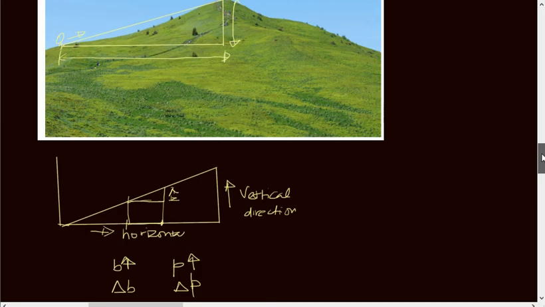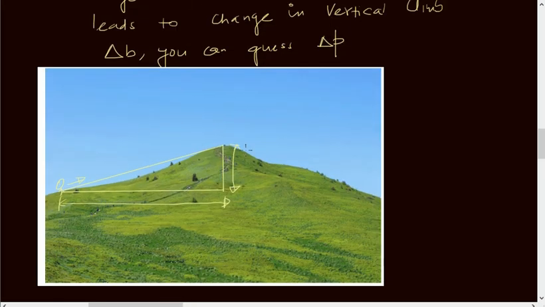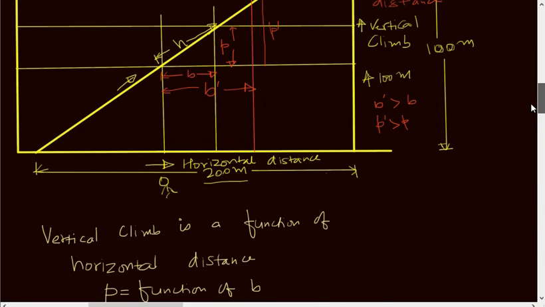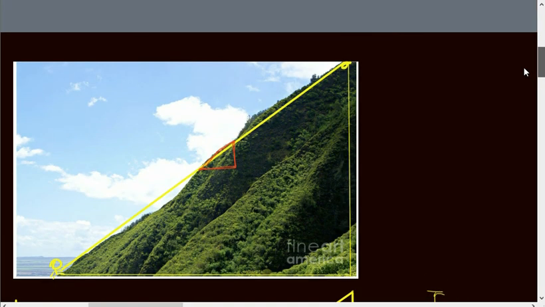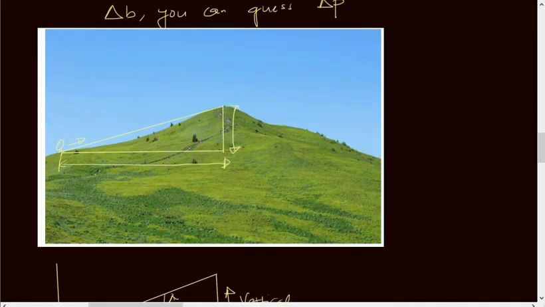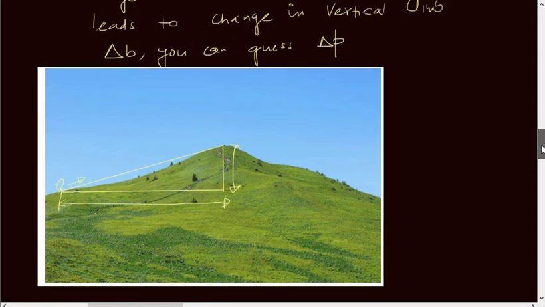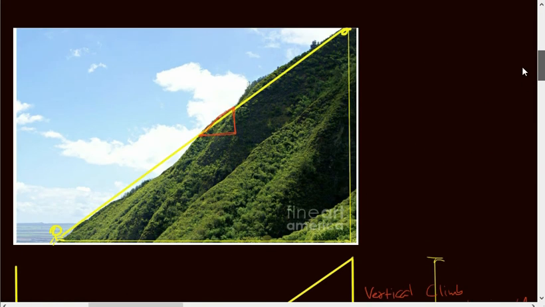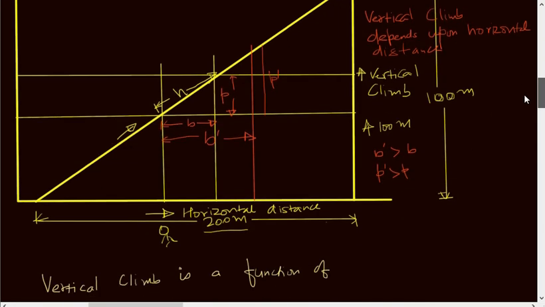So the rate of change in this case is slower compared to this case. So it is easier to climb or walk up a hill which looks like this compared to a hill that looks like this.